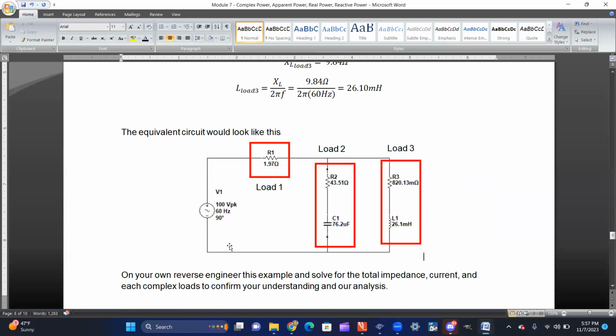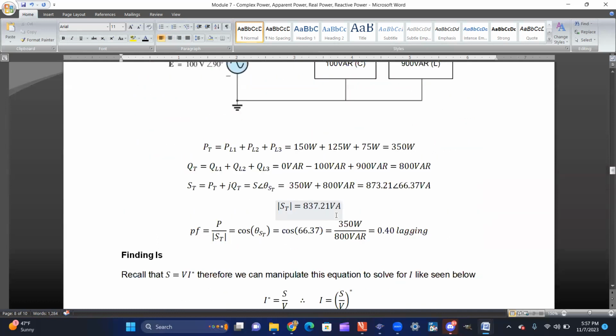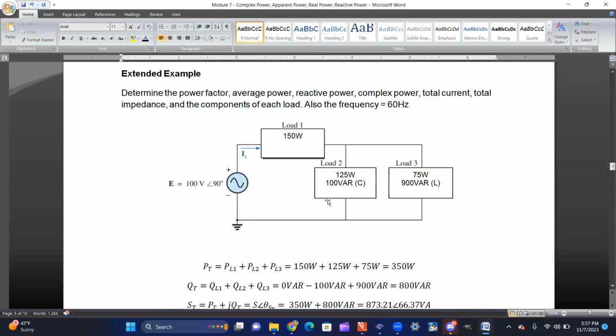If you were given this circuit right here, try to see if you can solve for the total impedance, the total current, and the complex power loads for each load. So load 1, load 2, load 3. And the complex power should equal the original problem right here.